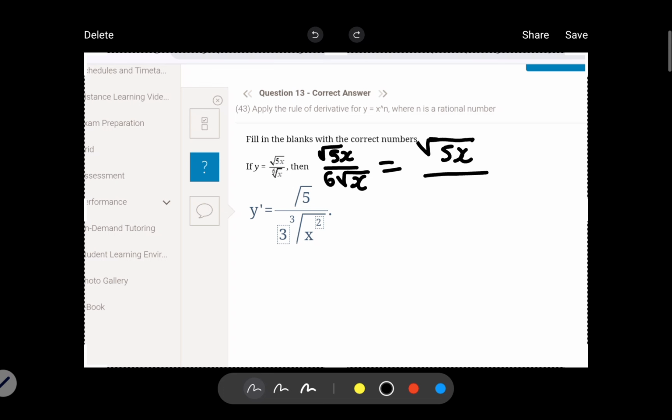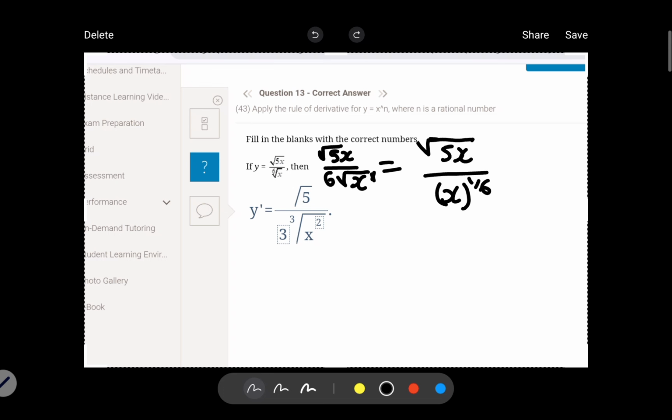This is 6, x to the power of 1 over 6, because here it's 1, here they give you 6, so 1 over 6.